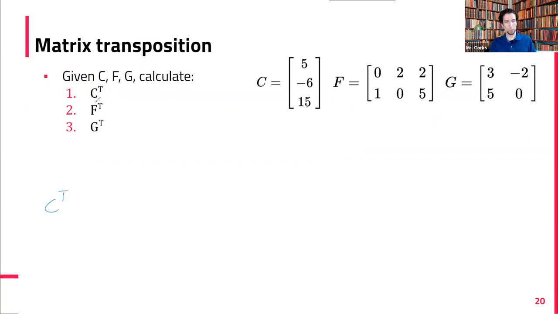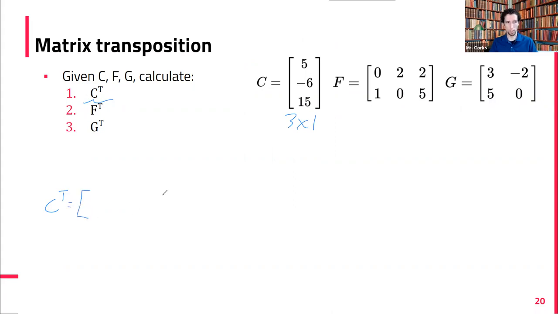So let's say first we want to calculate C transpose. If this is matrix C here, what are the dimensions of it? 3 by 1. So if we are going to do C transpose, what will the dimensions be? 1 by 3.